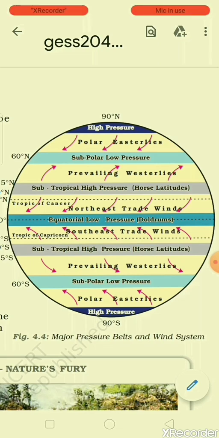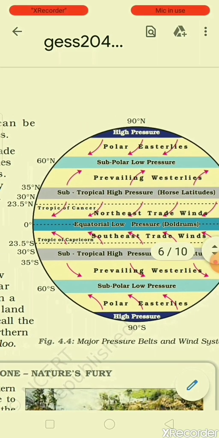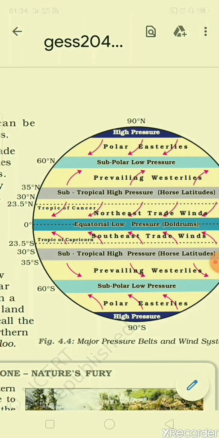As the air is moving, it becomes denser and after a certain point it sinks down to the surface. So at around 30 degrees north and south we have sinking air.